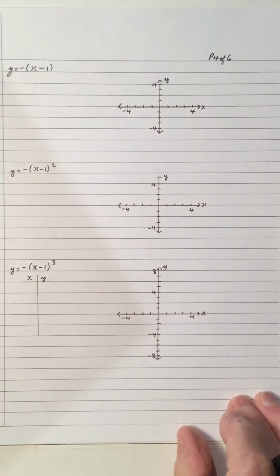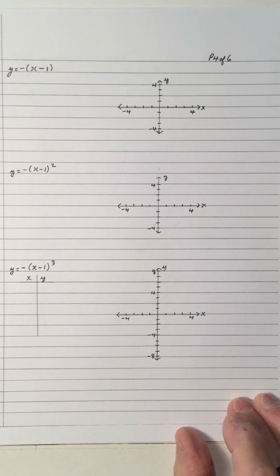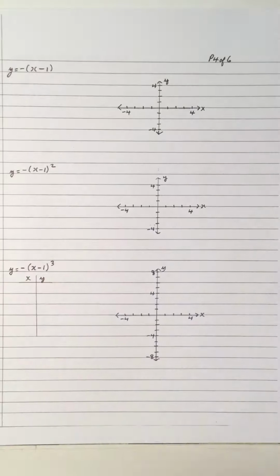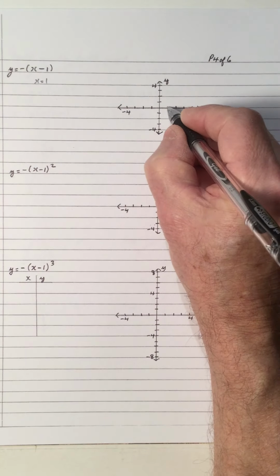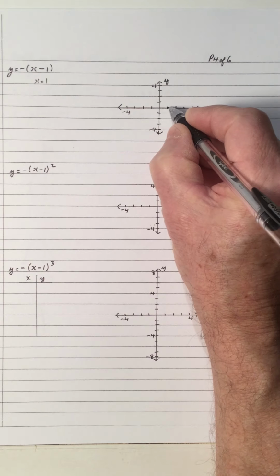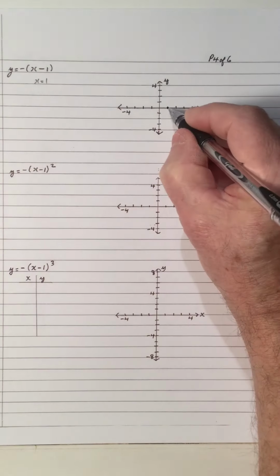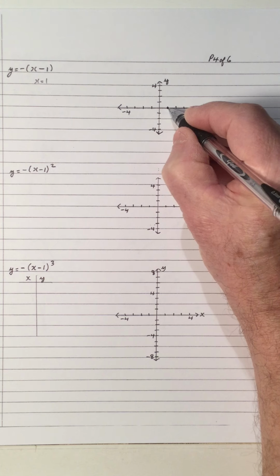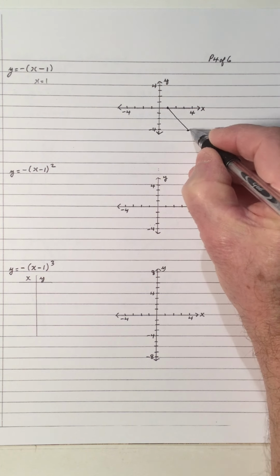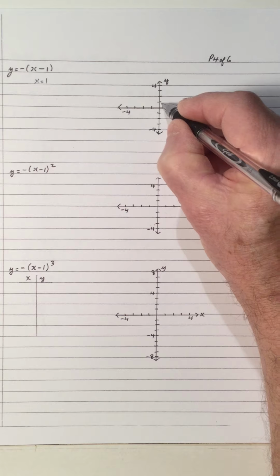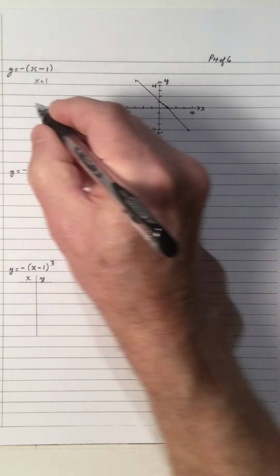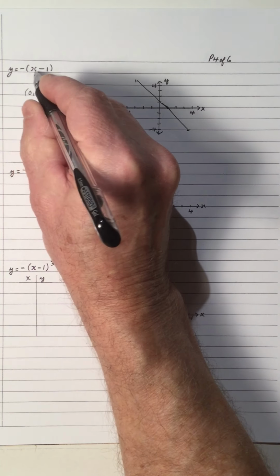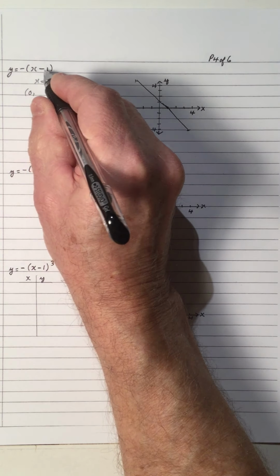Okay, let's do some more just to make sure. Notice this time I have the negative of it. So now the x-intercept is x equals 1. But it's a negative, and that means it's going down. So it's a linear, so it's doing this. And when x equals 0, 0 minus 1 is negative 1.